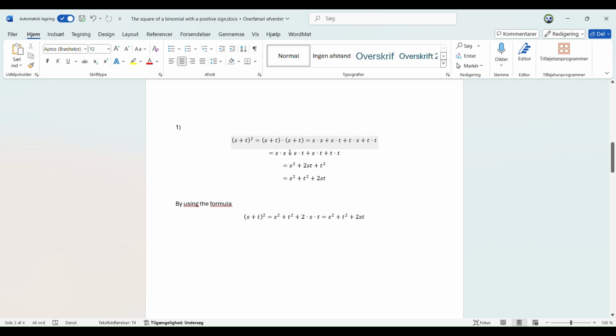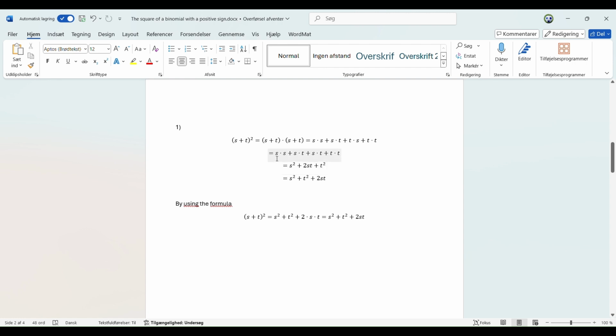So s times s, this is the first term, s times t this time, because of the rearranging of factors, and t times t. And then we just look again at this term here, s times t and s times t. We've got this term 2 times, so we just put a 2 in front of it. And the multiplying sign here, we can leave it in or we can leave it out. That doesn't matter. It means the same.